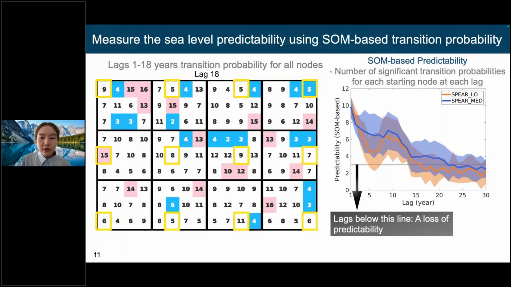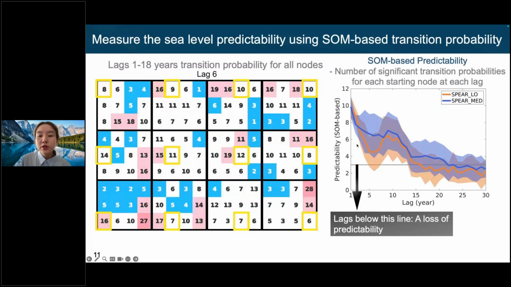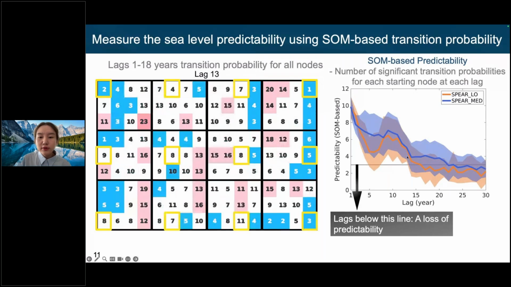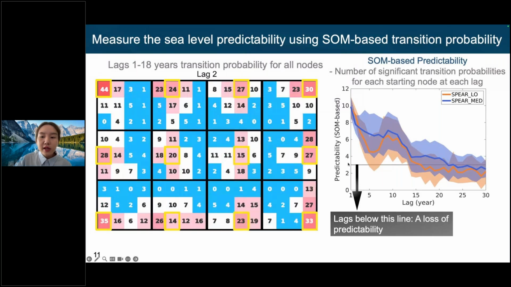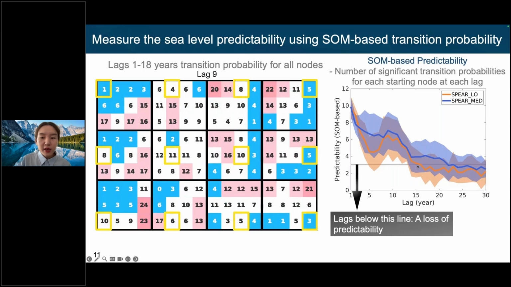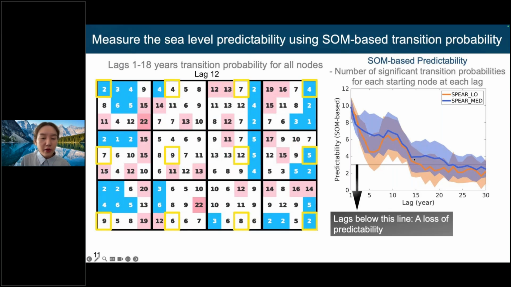The line here shows the number of significant transition probabilities averaged for all the nodes, and the shading shows the spread. Based on the global significance theory, if the line is on or above this gray line, we view the sea level pattern at that lag as theoretically predictable.